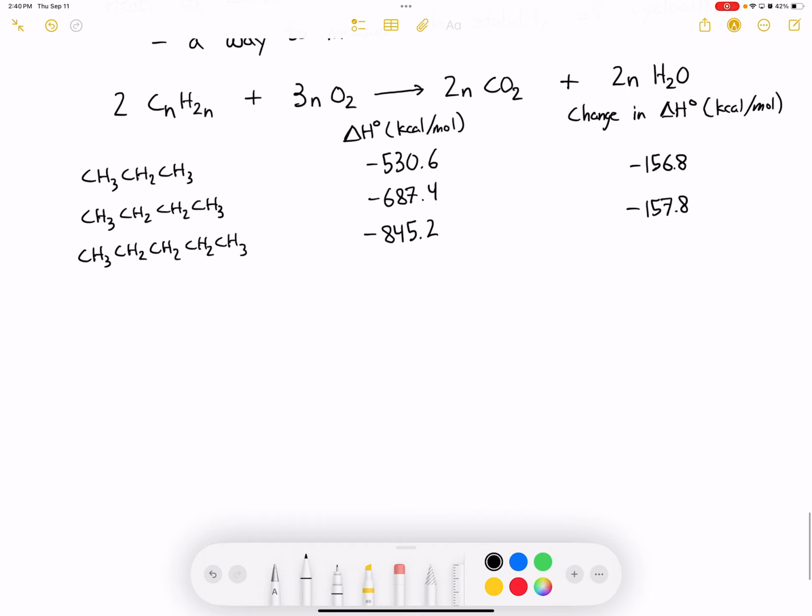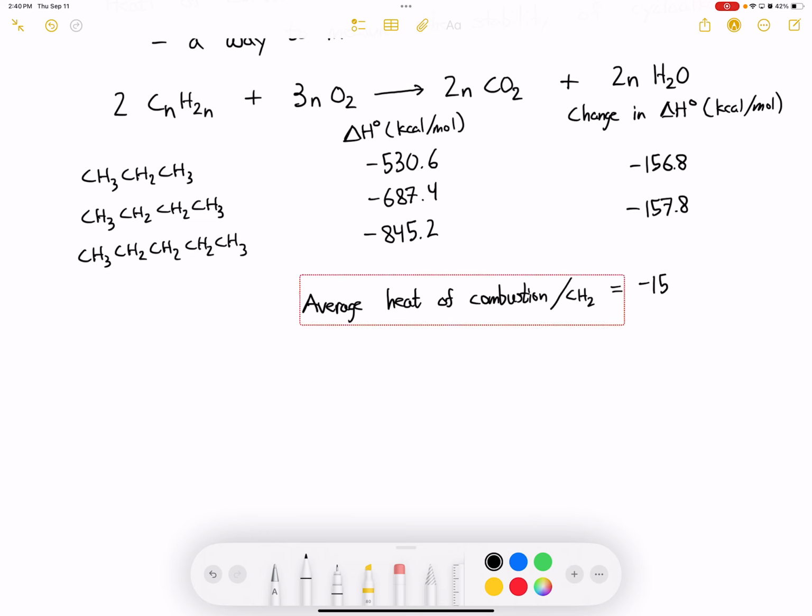If we take the average of that, the average energy release per CH2 in a molecule is around negative 157 kcal. So we took those two values and found the average heat of combustion per CH2. It's right in the middle, 157.4.